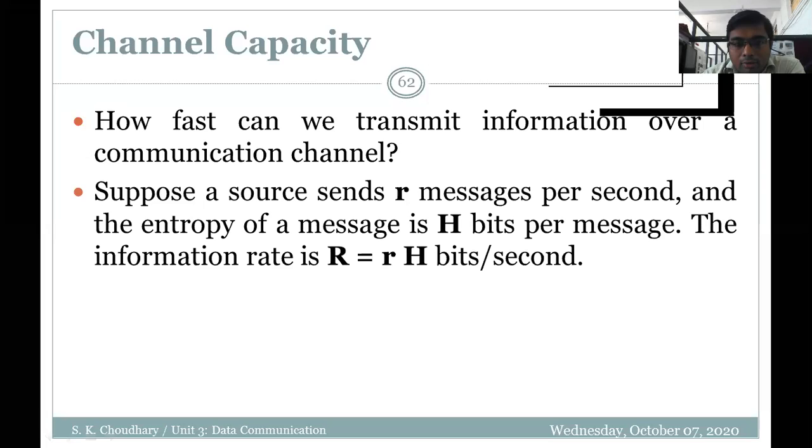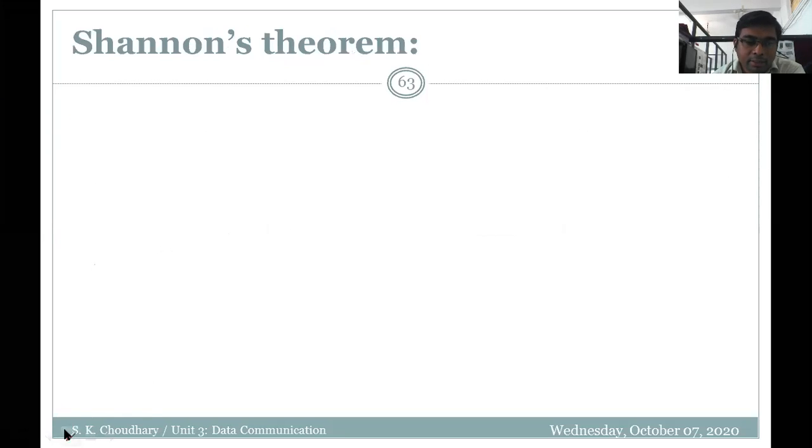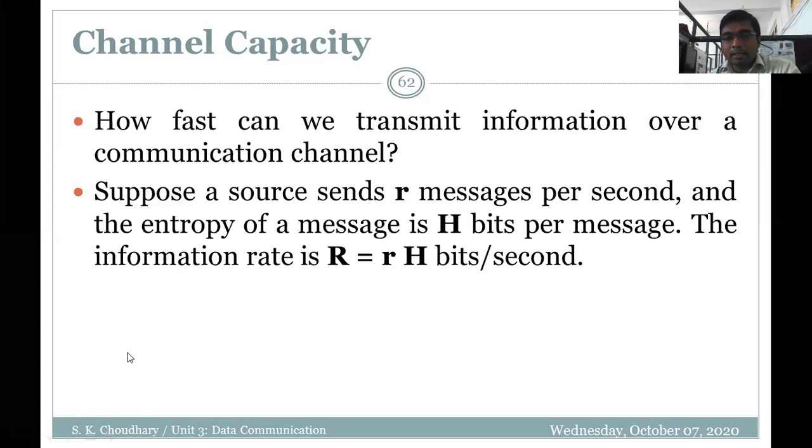If you recall, we have learned the information rate where, for example, suppose a source sends small r messages per second. Here the variable small r is the number of messages per second that we send from the transmitter into the channel, and the entropy of that message is H bits per message.